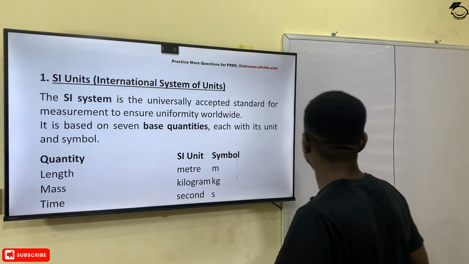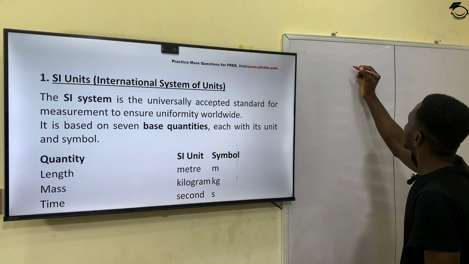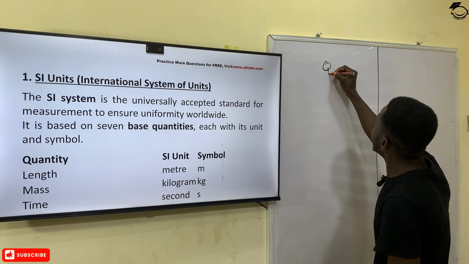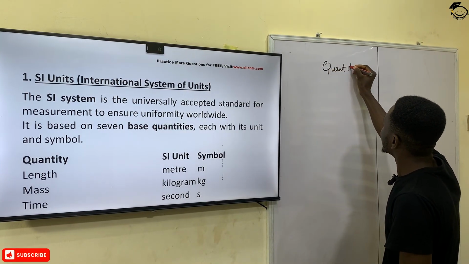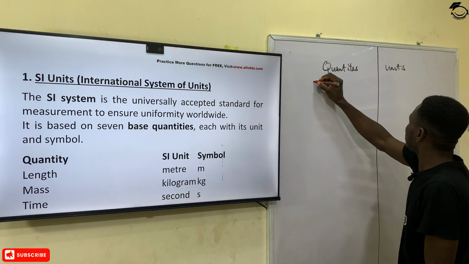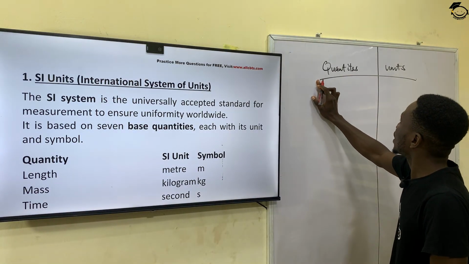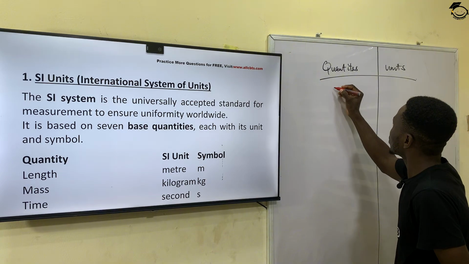So what are the standard international quantities and their units? We have the quantities and we have their units. According to the standard international system, the first one is mass.